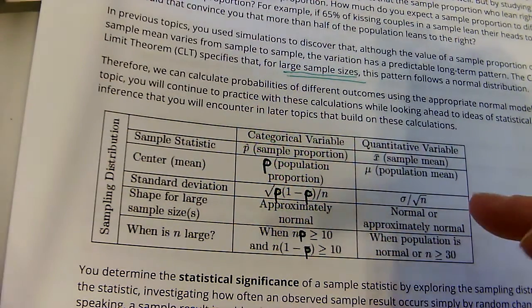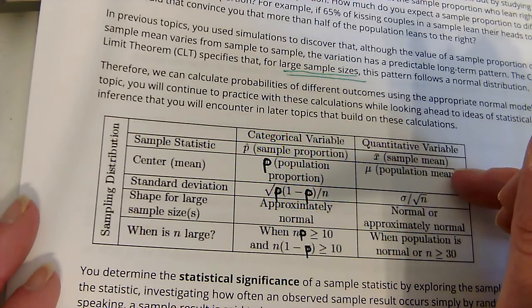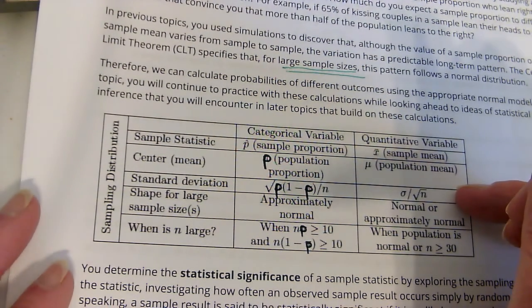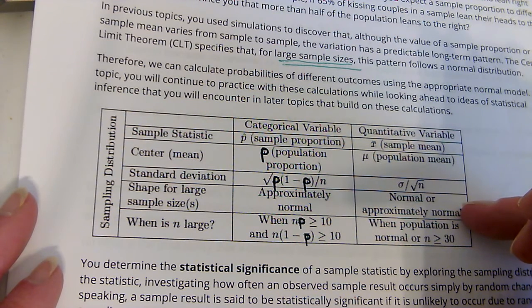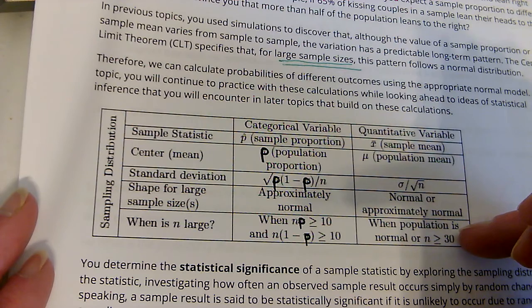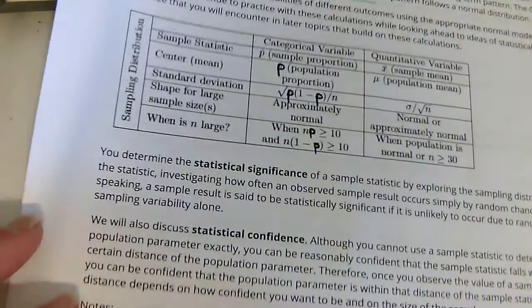Now with means, we have the sample mean, the population mean, our formula for standard deviation, and we know that it's either normal if we know the population is normal, or it's approximately normal if our sample size is large enough.